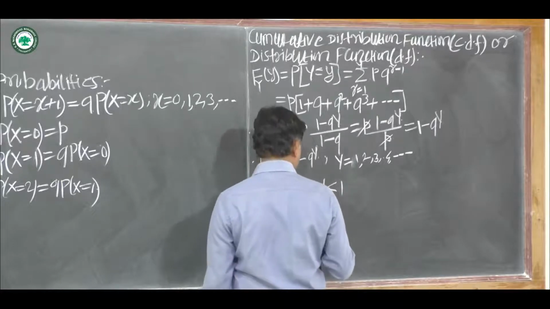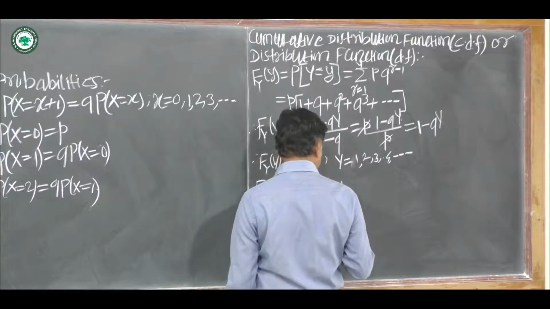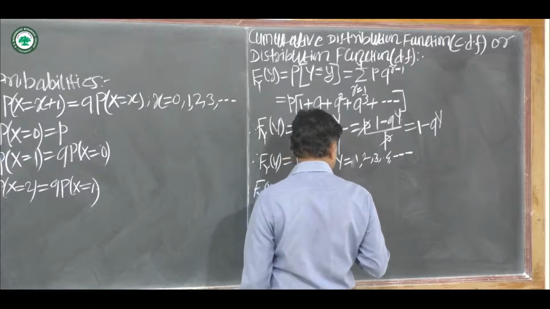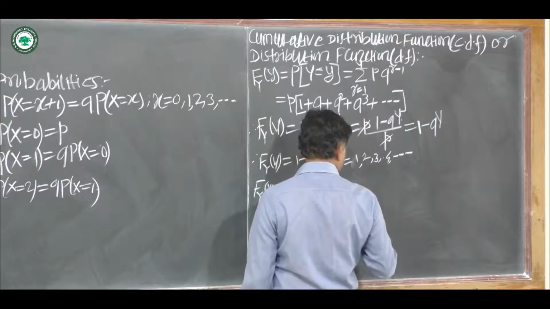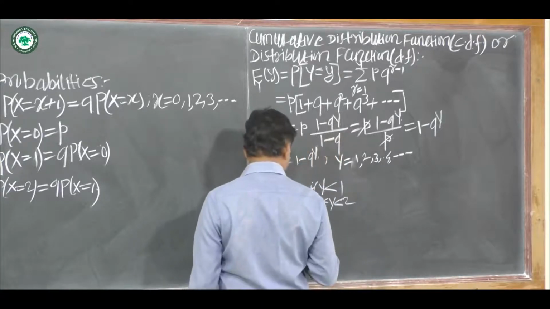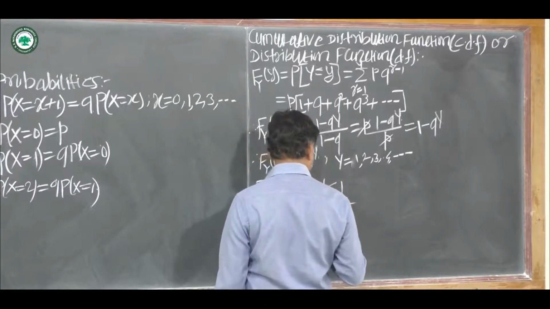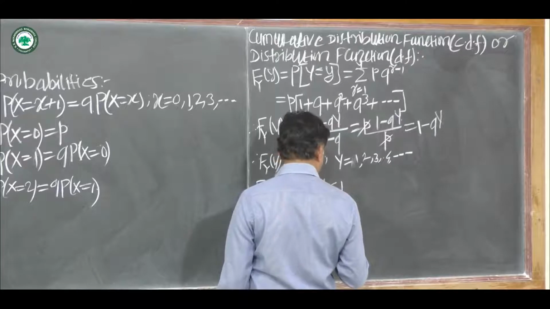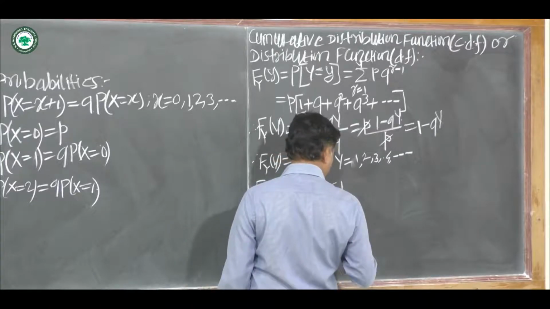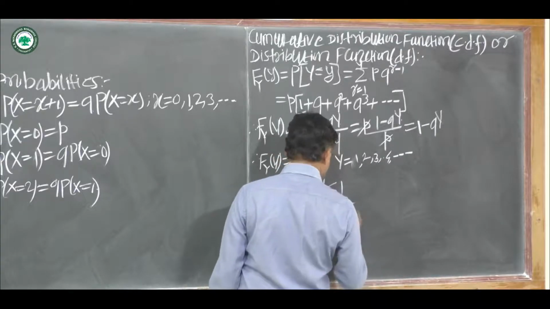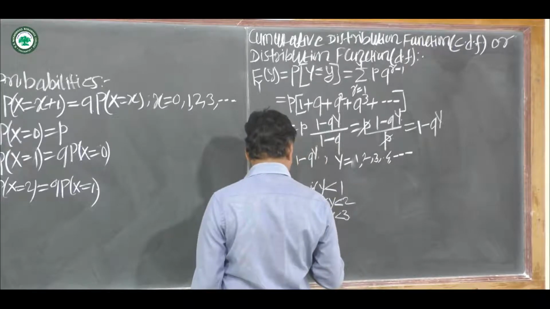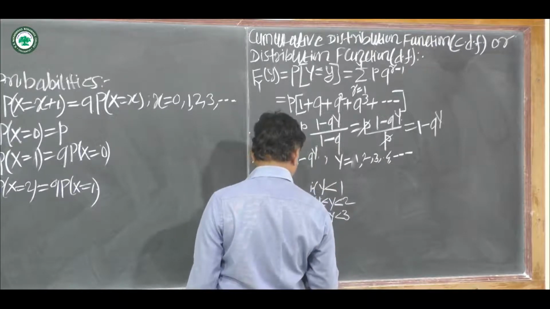equal to 1 minus q if 1 is less than or equal to y less than 2, equal to 1 minus q square if 2 is less than or equal to y less than 3, and so on.